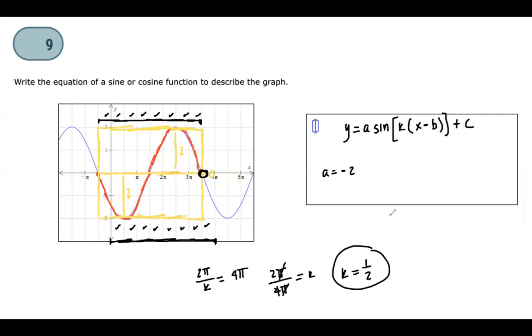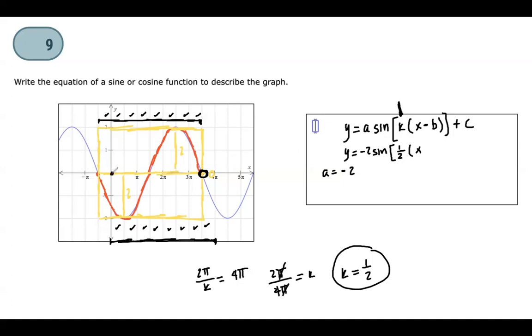So that's my k. And I'm not multiplying the k by the inside of the parentheses because that allows me to figure out the shifting and write the shifting quite easily. So I'm going to start writing the values. Y is equal to -2 sine. And I'm going to write the k out here, 1/2 times x. And I'm going to find out the shifting.